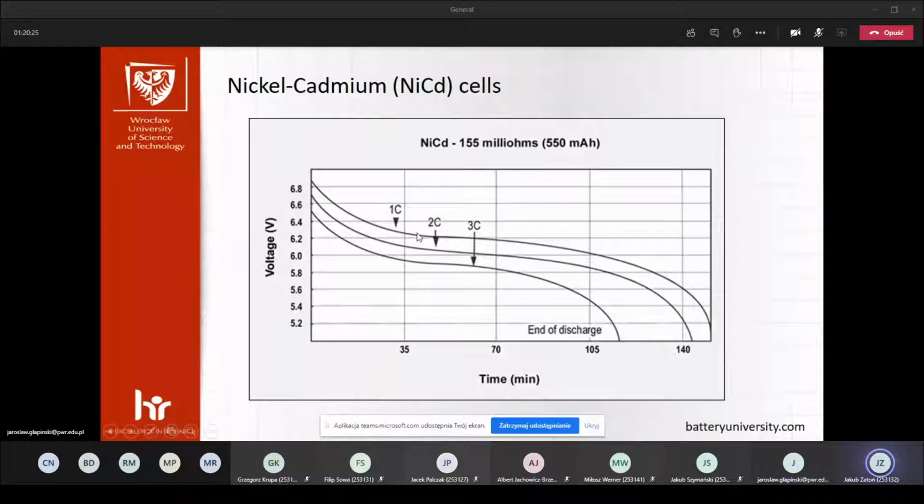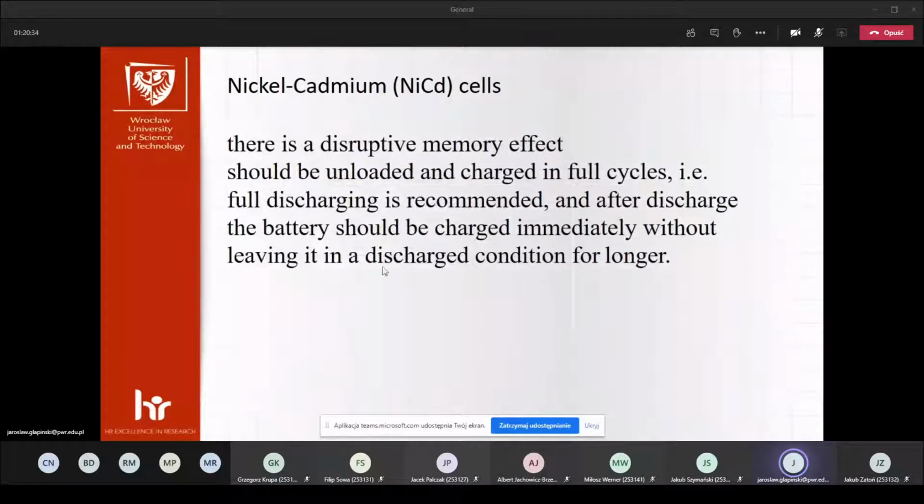Can we somehow reverse this memory effect, or if it occurs, is the battery damaged? Yes. I told you, if we are using a full charge and discharge cycle, we do not have this memory effect.